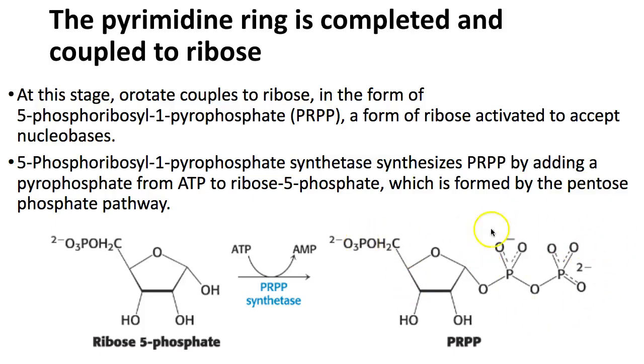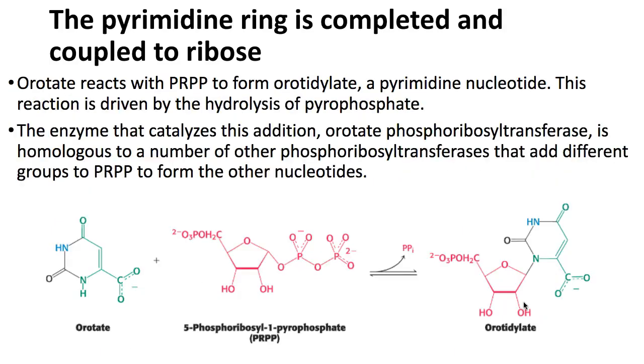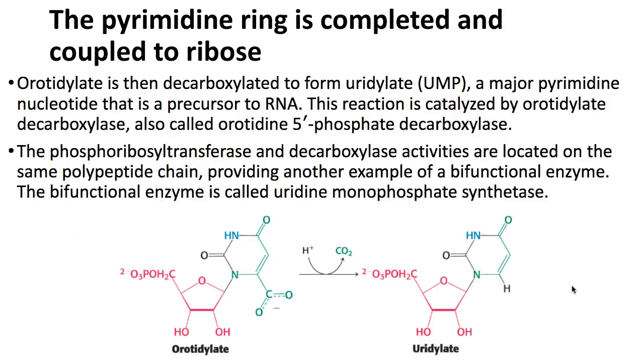The only thing that is missing here is the base. And so how that is happening, you have your PRPP and you have your orotate. It goes through a hydrolysis to release the pyrophosphate and attaches the base that is right here.